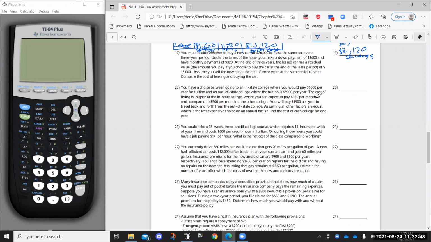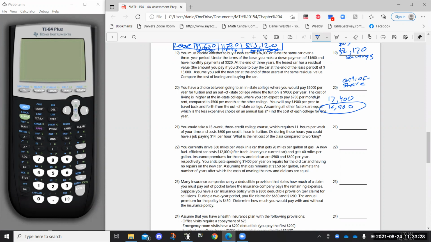Number 20, you're going to compare these two options here. To go in-state would cost you $17,400. To go out of state, given the conditions here, would cost you $16,900. You're going to choose the out-of-state school, for a savings of $500.